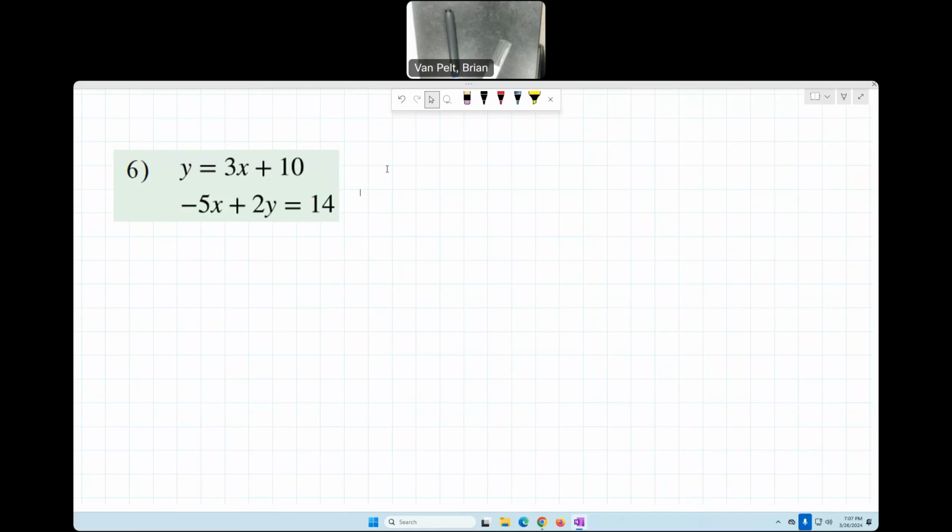You can go back and use either equation to get the value of Y. That's what I do. The first one would be the easiest one.